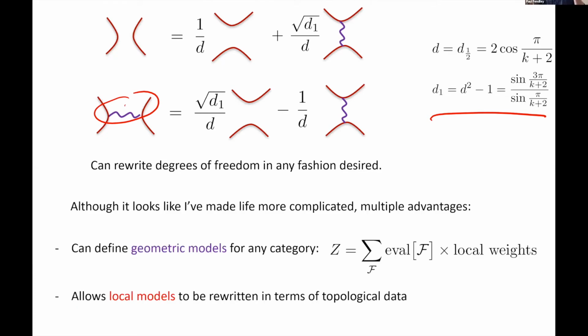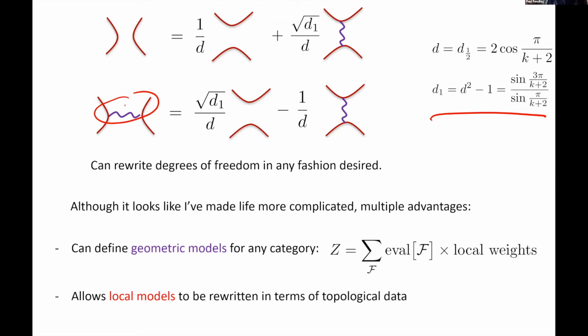So let me advertise the advantages of writing them out in terms of these squiggly lines instead of just loops. First of all, it makes it natural how to define these geometric models, what I call geometric models, for any category. Remember I wrote down this form, Z is the topological weight times the local weight. You evaluate the graph, a more complicated graph, and then multiply it by some local weights.